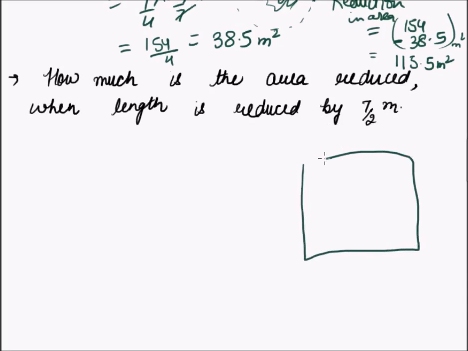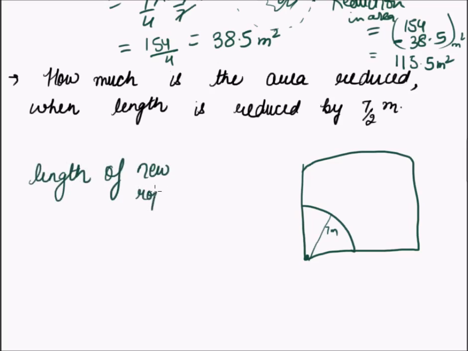Now in the previous question, the peg was at the corner with the rope length as 7 meters. Now the length of the rope is reduced by 7 by 2 meters. That is, the new length of rope is 7 minus 7 by 2, which is 7 by 2 meters. So now the length has become 7 by 2 meters.